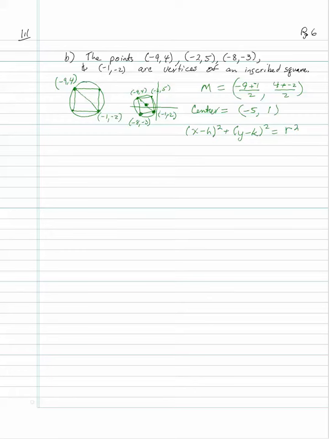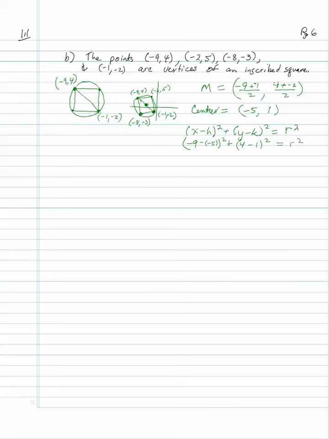So I can put in any point, say negative 9, 4. Negative 9 is my x, 4 is my y, and my center is negative 5, 1, so minus a negative 5, and my k is 1.